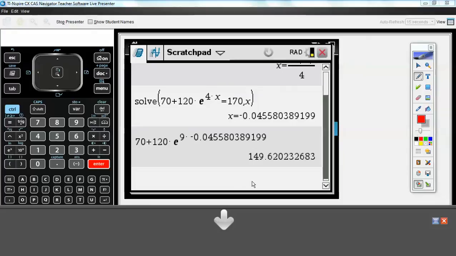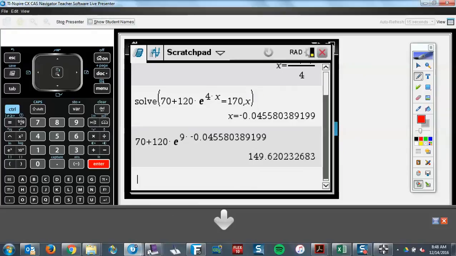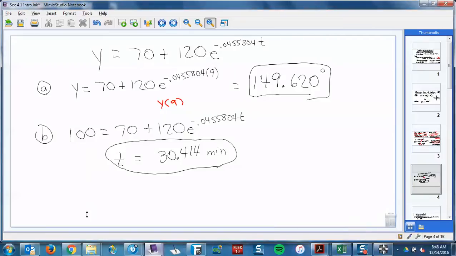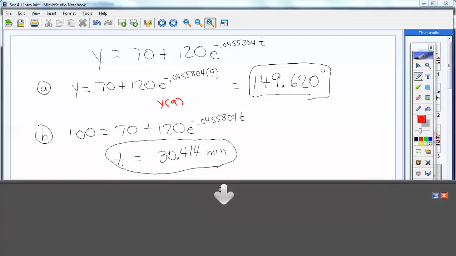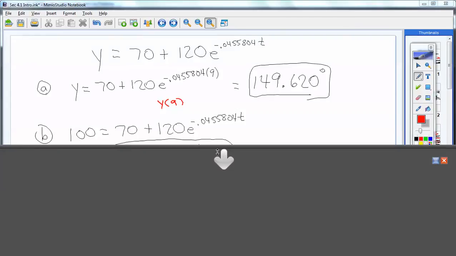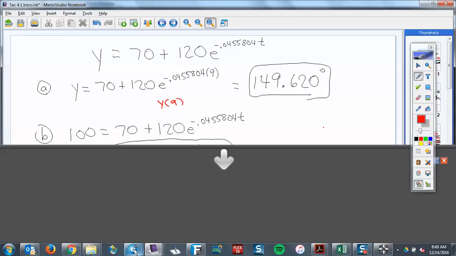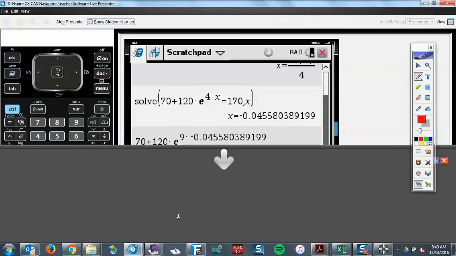Okay, we wanted 3 decimal places, so 149.620. Okay, and then of course I already showed you this one, and then this one, when will it be 100 degrees? Well, that's your output, your Y. So now it's a solve. So now on your calculator, this time it's a solve. So make sure you can do that on your calculator, right?